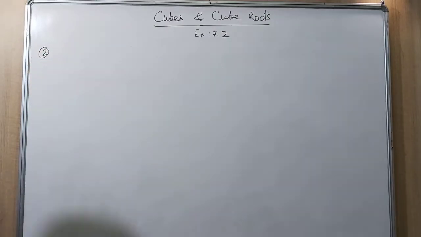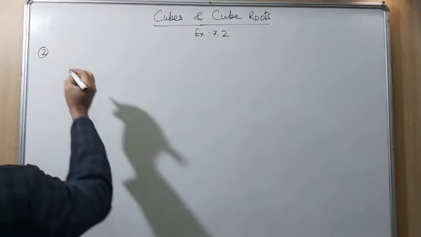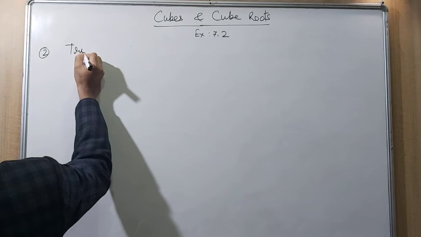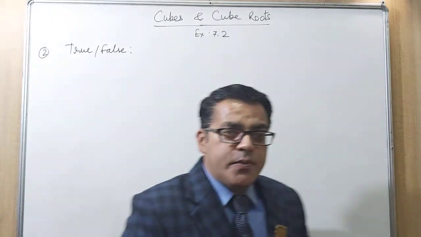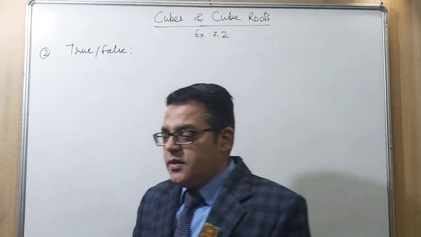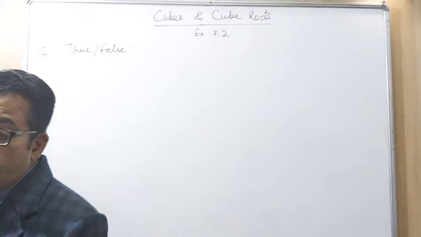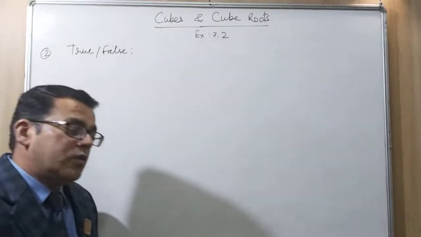This question is very interesting and very important also. It is based on true or false. It means statements are given there and you have to write whether the given statement is true or false.